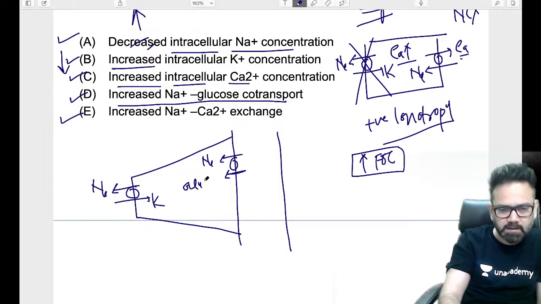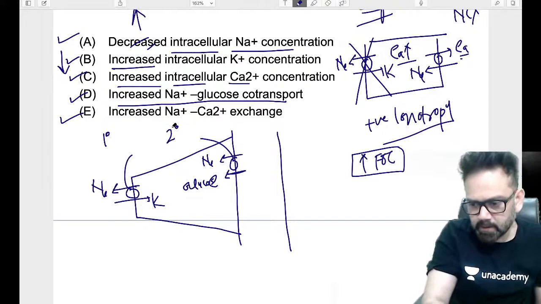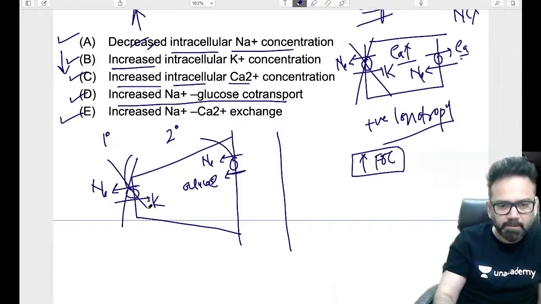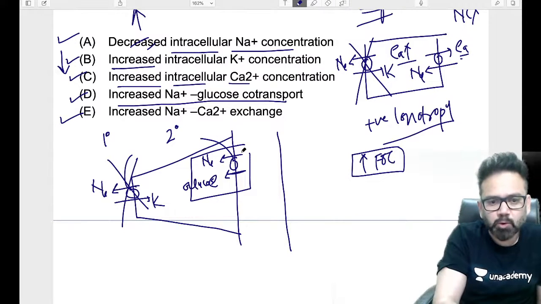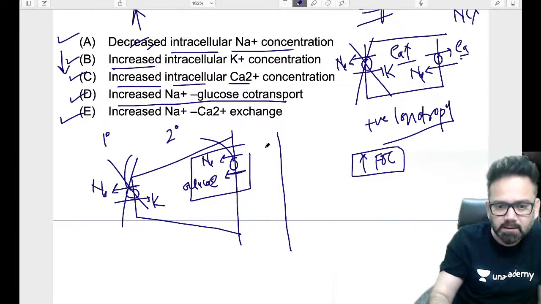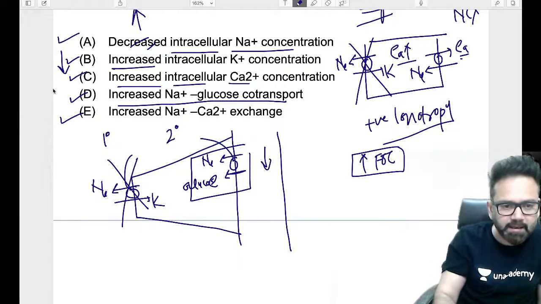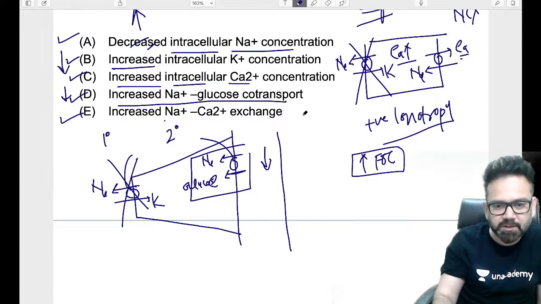So this is a primary active transporter and this is a secondary active transporter. If you inhibit that pump, this secondary active transporter will be inhibited. So entry of sodium and glucose will decrease, and glucose absorption will decrease. Increase sodium calcium exchange? No, it will decrease.